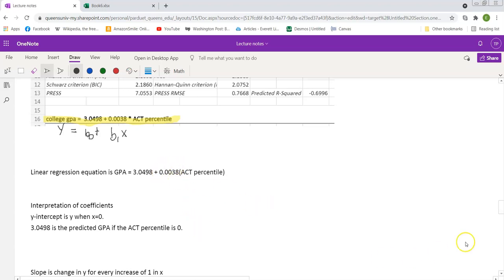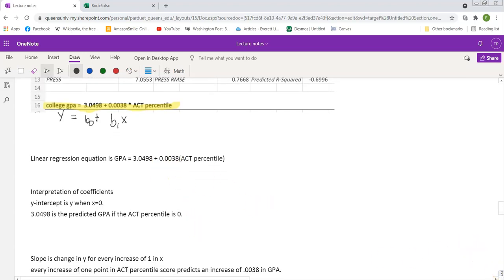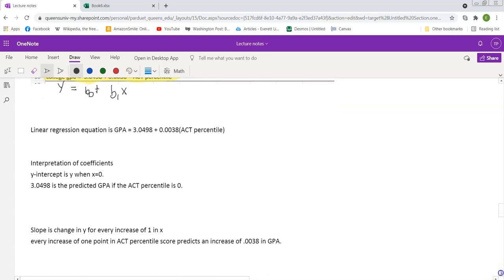So in this case, our slope is 0.0038, which would be the predicted increase in GPA every time the ACT percentile increases by 1. So every increase of 1 point in ACT percentile score would predict an increase of 0.0038 in the GPA. Okay.